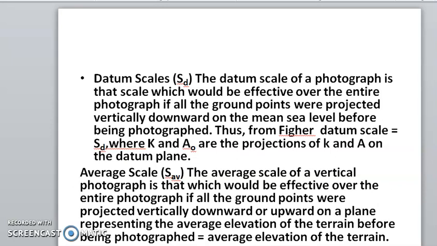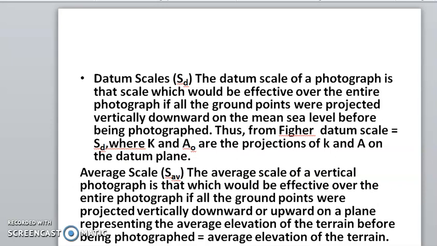The average scale of a vertical photograph would be the scale effective over the entire photograph if the ground were projected vertically onto a plane representing the average of the terrain, equal to the average elevation of the terrain.